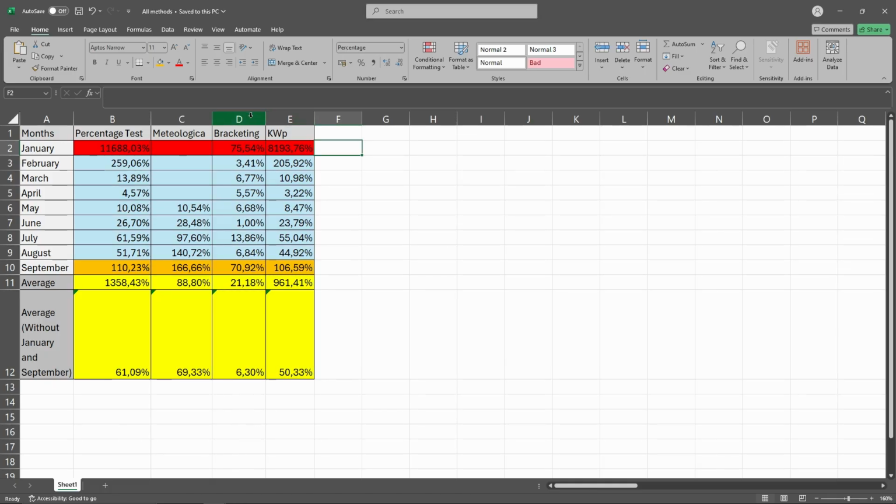And then there was the bracketing method, which is the one I created from the beginning, and the one that I'm showing to you. It seems 6.3% close to reality, and used hundreds of thousands of time periods to make this percentage, so you can clearly see that it works.